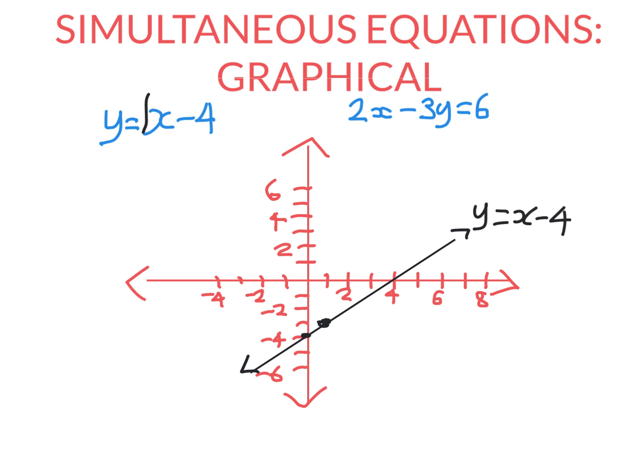The thing about this graph is the graph is infinitely many points, and each of those is a solution to this equation. For example, the point (4, 0), x equals 4, y equals 0, is a solution to this equation. The point we found here, (1, -3), x equals 1, y equals -3, is a solution to this equation.